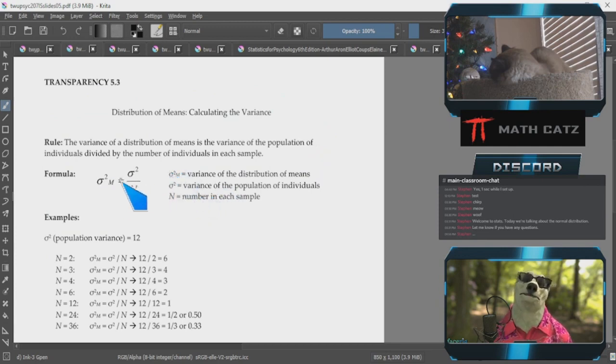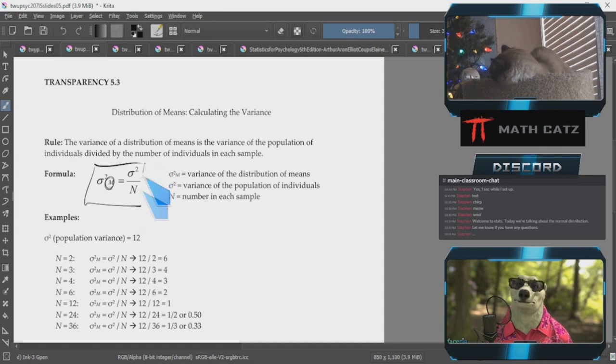So we're going to distinguish between these two. The distribution of means will have a little m here, and my population distribution will not. So I have this very simple relationship between the variance of the distribution of means and the population variance. The distribution of means has a variance equal to the variance of the population of individuals divided by the sample size.